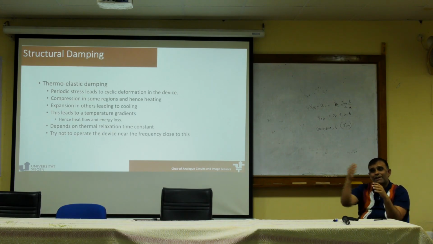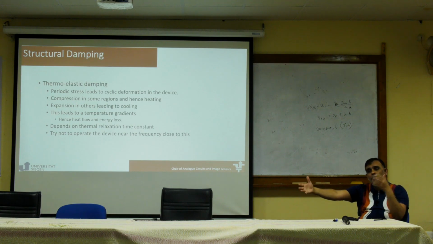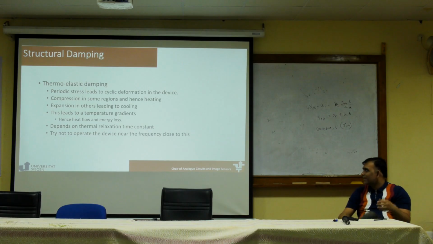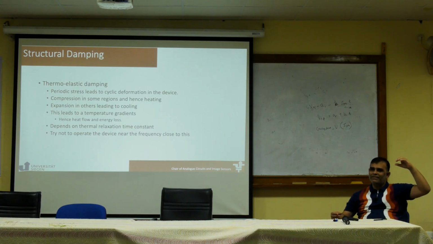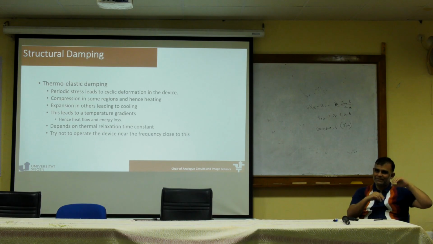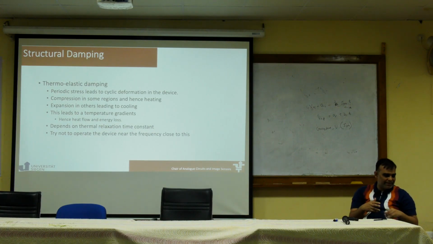At the same time, there might be some places which will be cold compared to this. So there's cooling taking place, which is also a loss mechanism. So once I have got a hot structure on one part of my resonator and a cold structure on another part, I've got a heat current flowing between these two. It looks like a potential difference. Okay? So there again, I've got a new damping mechanism.